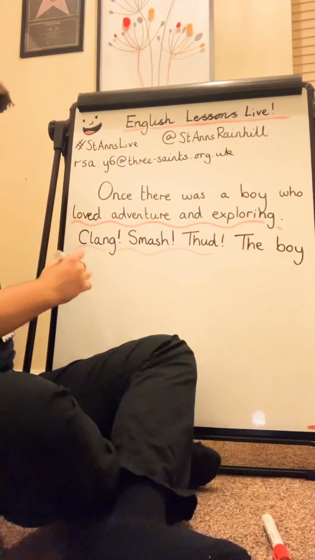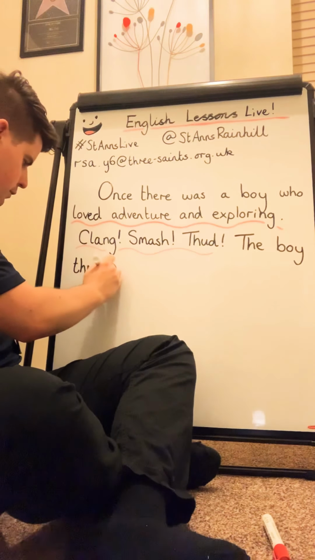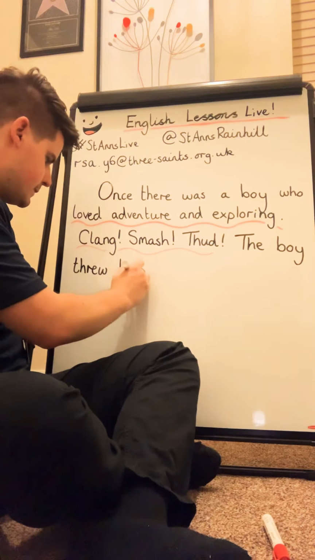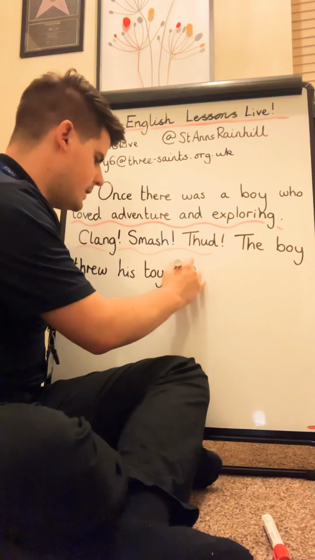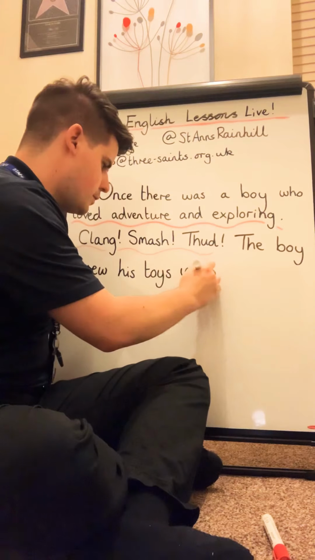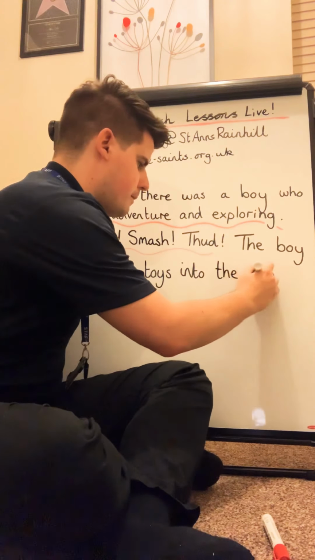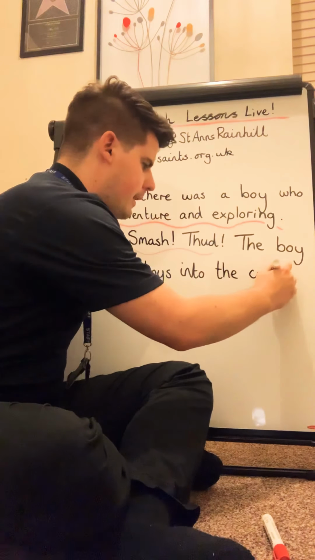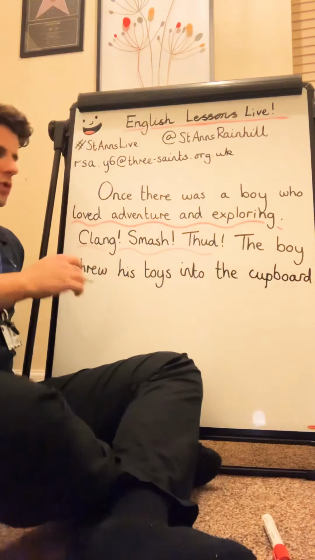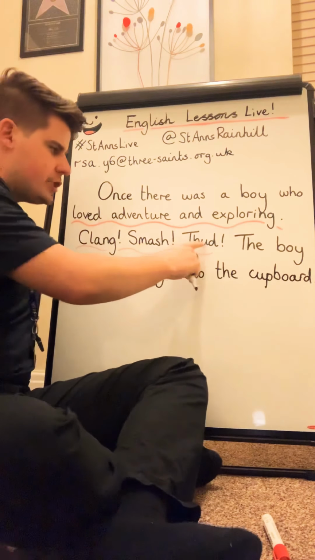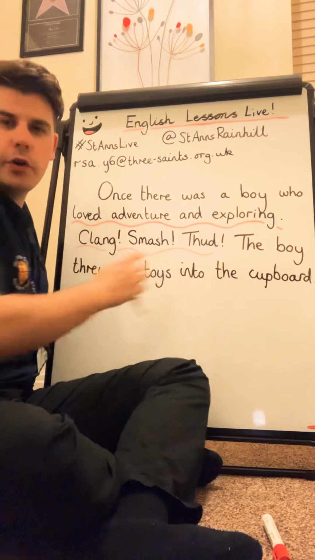Now, I could say threw his toys into the cupboard. And there I'm explaining to my audience what those noises were. Clang, smash, thud. The boy threw his toys into the cupboard.